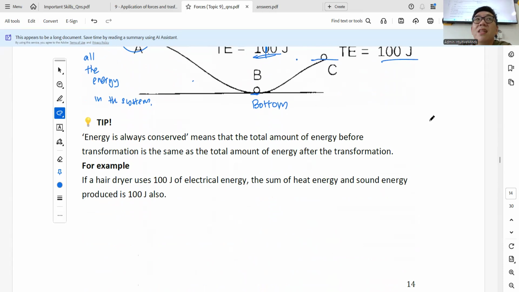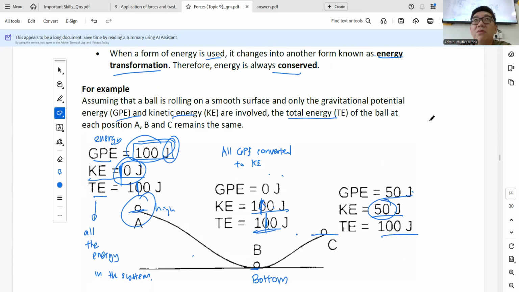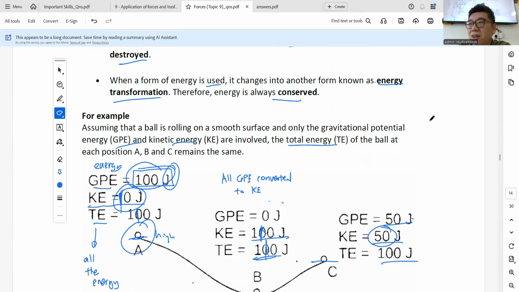Okay? Now, you can even convert this into a graph. This part of science got graph one. So you can convert this into a graph. Let's call this A, B, and C. And this is your energy. So the first graph, I use solid line.